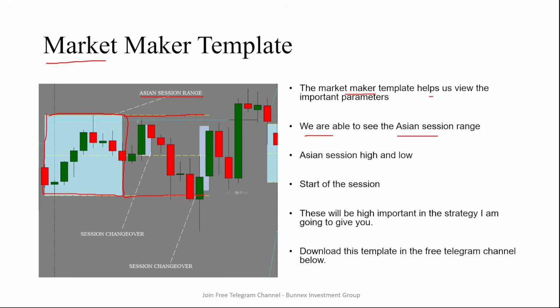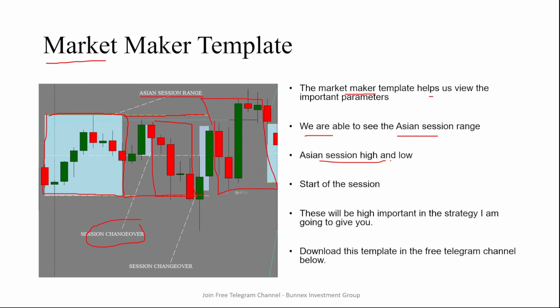Within that high and low, we have these session changeover periods, which are basically periods where we are shifting from one session into another. In this particular session, this is the London session, this is the start of the US session, and this is the Asian session.